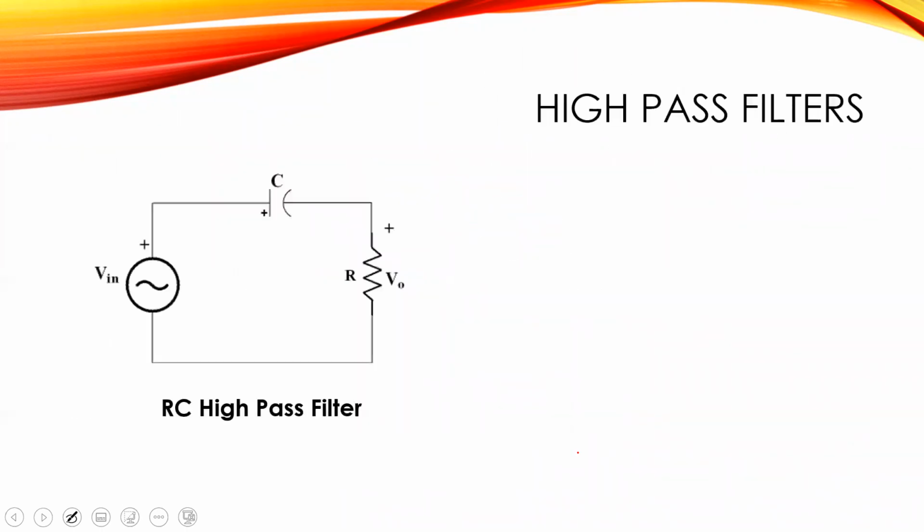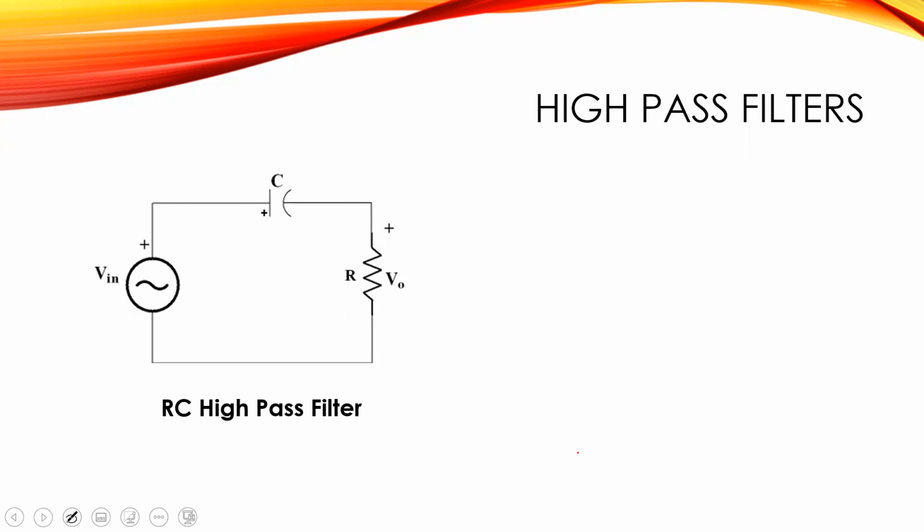So we're about to start looking now at high pass filters. Based on what we just said, if we use the same circuit elements but change where we take the output, we now create a high pass filter. So for the low pass RC, we took the output across the capacitor. For the high pass, we now take it across the resistor.